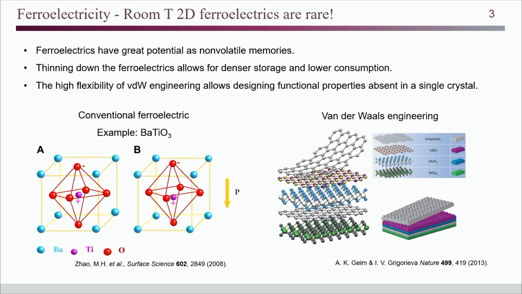These materials have a layered structure, and between the layers, the interlayer bonding is the Van der Waals force. So it's pretty weak, and you can easily exfoliate them down to monolayers. And what's more intriguing is that by stacking the same or different monolayers on top of each other, you can design functional properties that are absent in a single crystal, just like Lego building blocks.